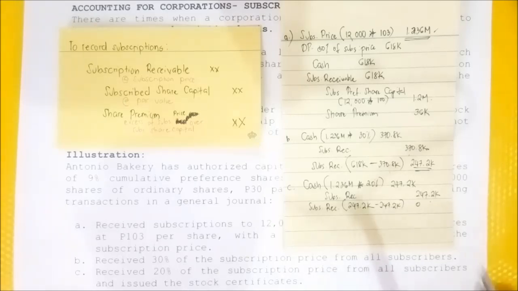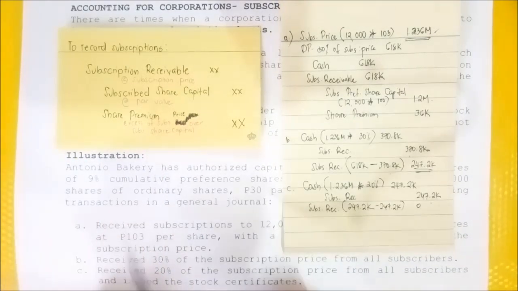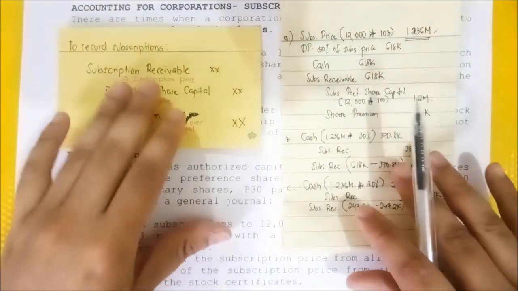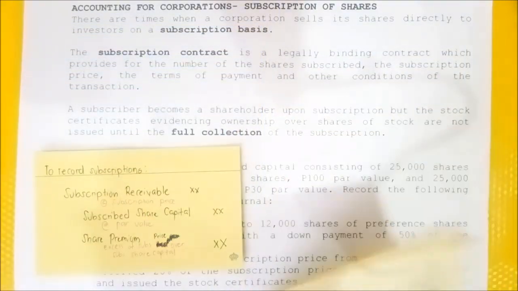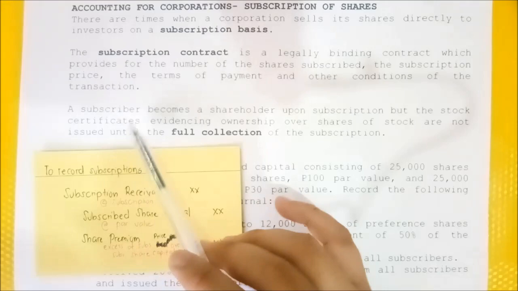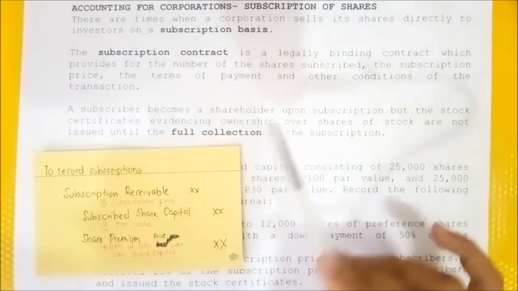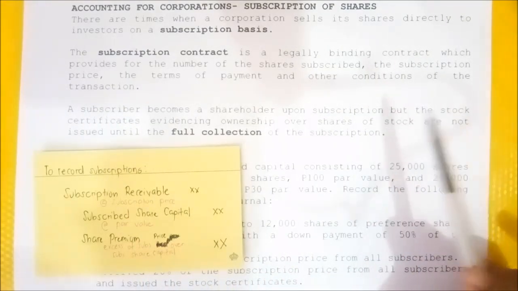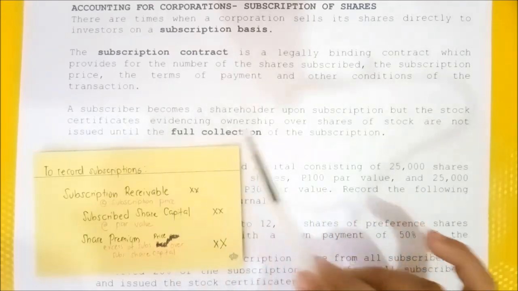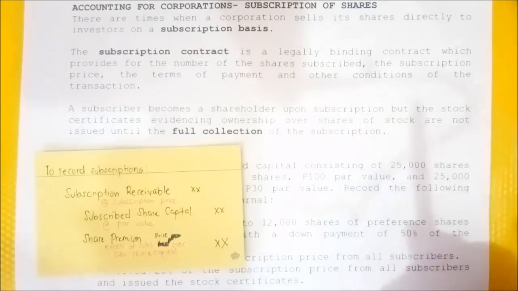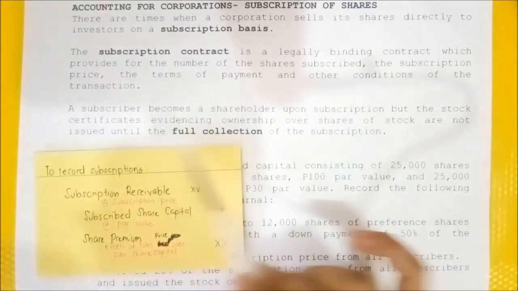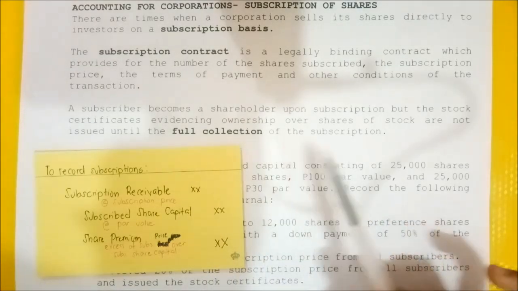And kapag fully paid na si subscriber, i-issue na ni Antonio Bakery yung stock certificates. Remember dito sa statement na discussion natin kanina, a subscriber becomes a shareholder upon subscription. But the stock certificates evidencing ownership over shares of stock are not issued until the full collection of the subscription.